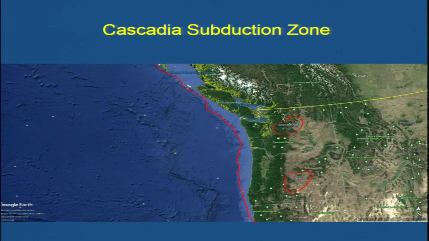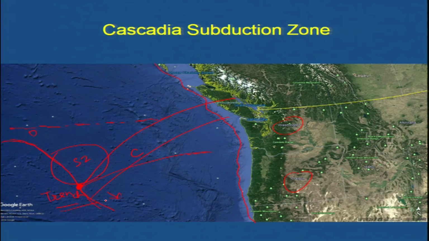So how are the subduction zones formed? Suppose this is the continental plate and this is the oceanic plate, and this is subducting beneath this. So this region basically forms the subduction zone, and this point, this suture zone, is called the trench. Okay.